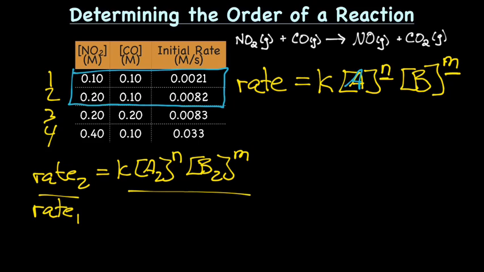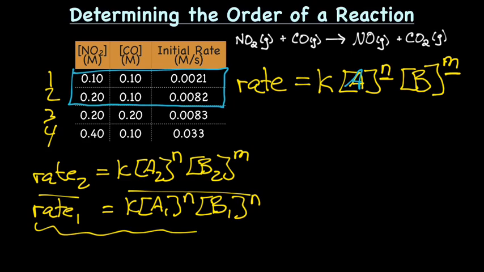So we'll have rate 1 equals K, concentration of A1 to the N, and concentration of B1 to the M. For our rate 2, we have 0.0082, and concentration, can't forget that.